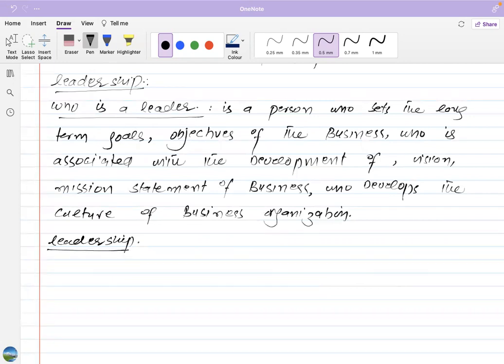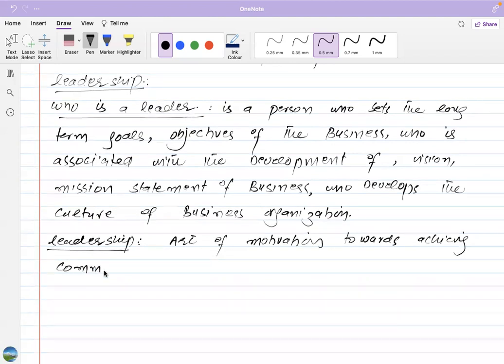Leadership is the art of motivation towards achieving common goals of business. This is what we call leadership.